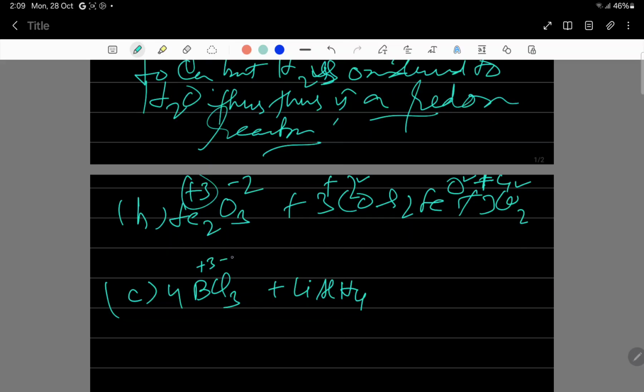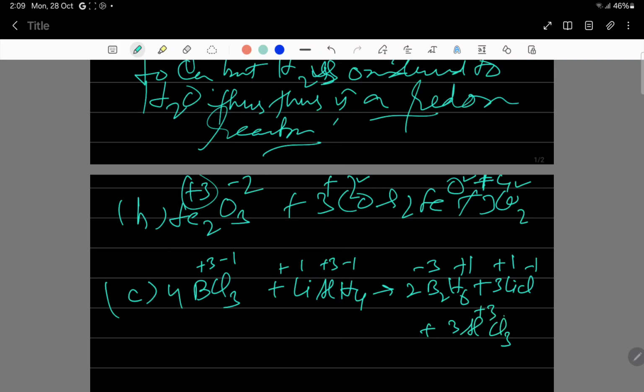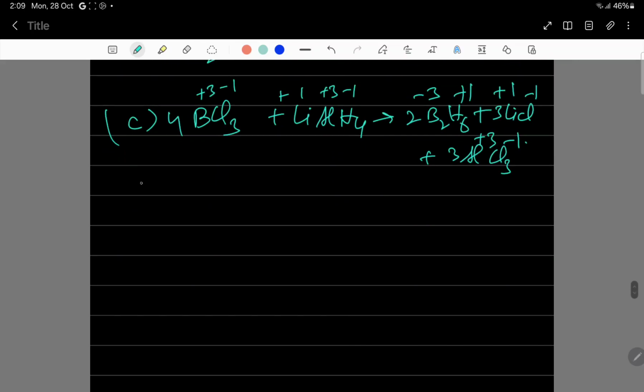Find out the oxidation states in all of them. So this is +1, +3, B2H6 is +1, -3. So here the oxidation number of boron decreases from +3 to -3, while that of hydrogen increases from -1 to +1.